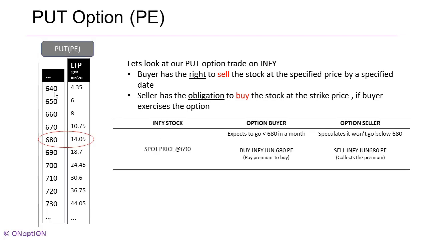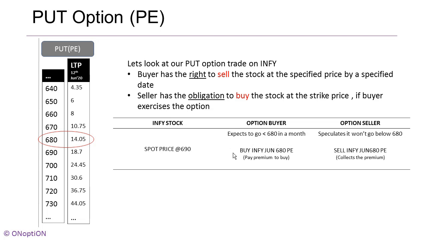Take a look at the options table. These are the different strike prices and different premiums available on that particular date, 12th June. So INFY is trading at the same 690 rupees on 12th June. What does the option buyer expect? He expects that INFY would go below 680 in a month. That is his expectation.